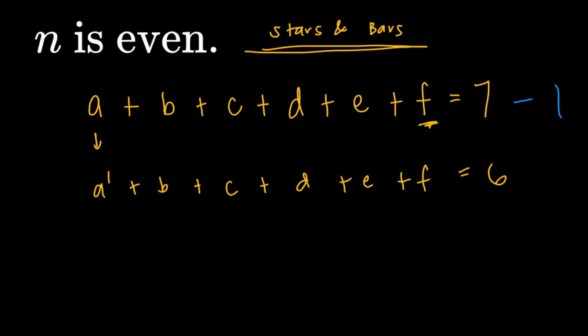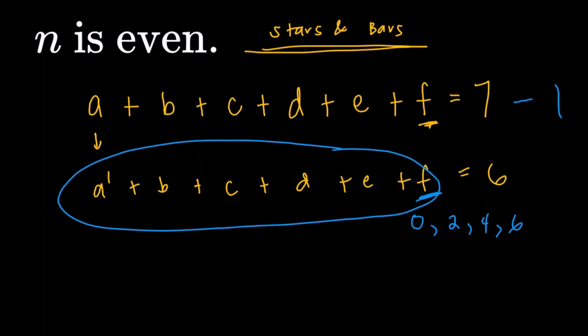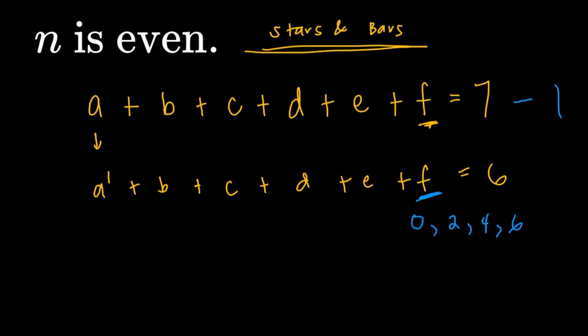Now, F is an even number, so we have to take cases here. F can only be 0, 2, 4, or 6, because obviously the sum of everything here must be 6, so it can't be greater than 6. So we take it one by one. If F was 0, then the sum of A prime to E is going to be 6.